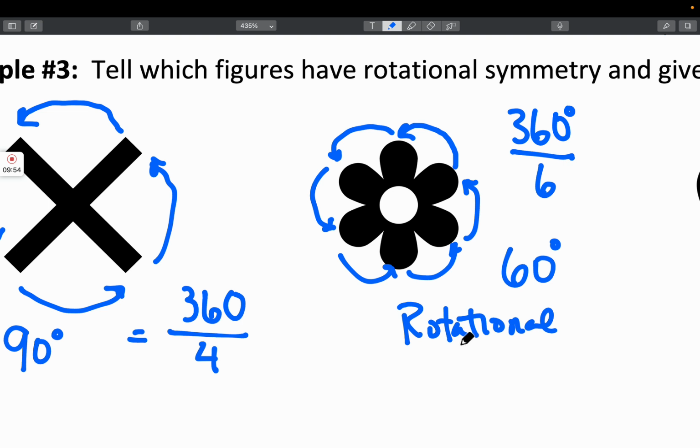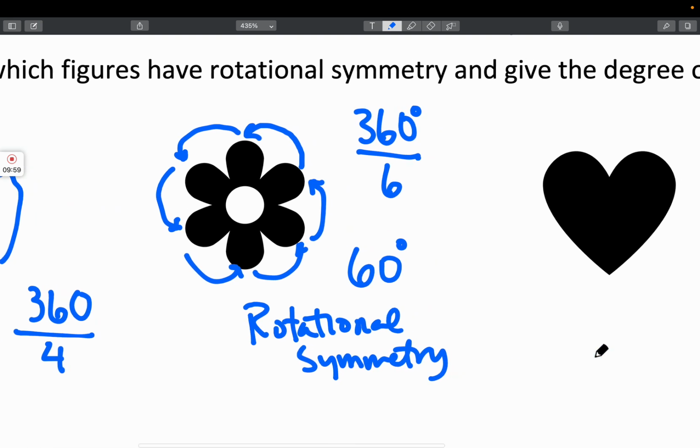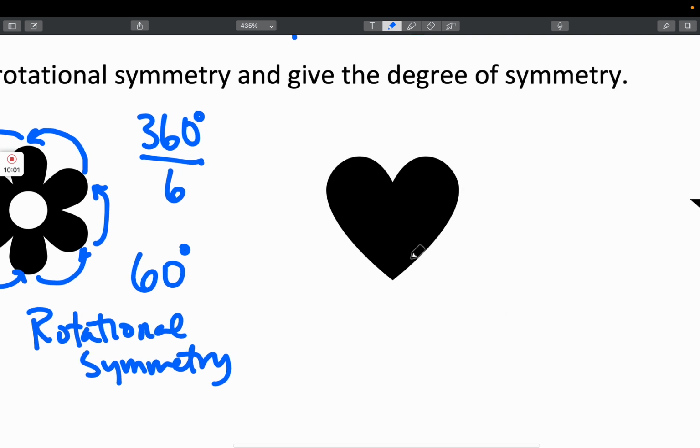So we say this has rotational symmetry of 60 degrees. All right, next up is this heart, and we should just go ahead and put math right inside that heart because we all love math. All right, the degree of symmetry here, we can't rotate this heart. If we do rotate it, it's not going to look the same, right? Let's see if I can draw this sideways heart here.